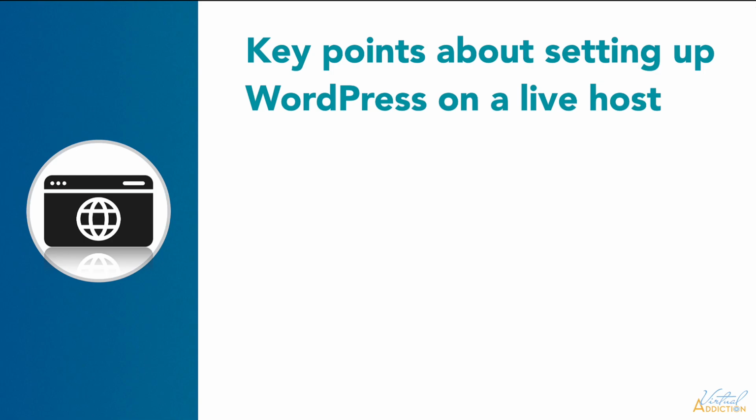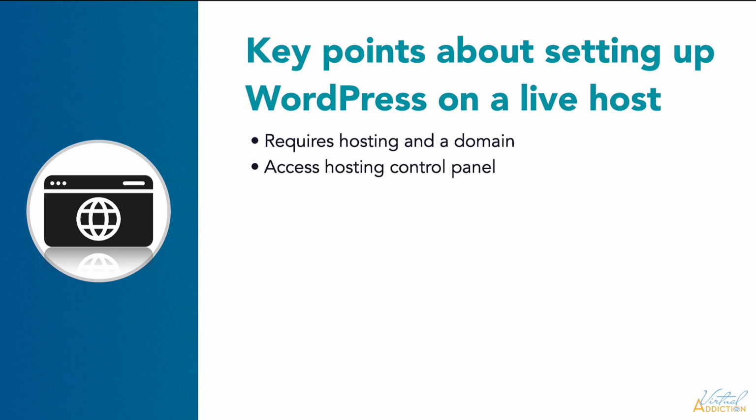Key points about setting up WordPress on a live host include the fact that you will need hosting and a domain. You will need to purchase a web hosting plan from a provider and register a domain name to link to your website. Once you've done this, the installation process consists of accessing your hosting via a control panel.